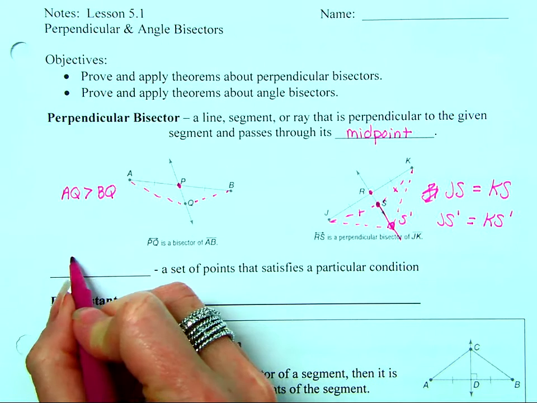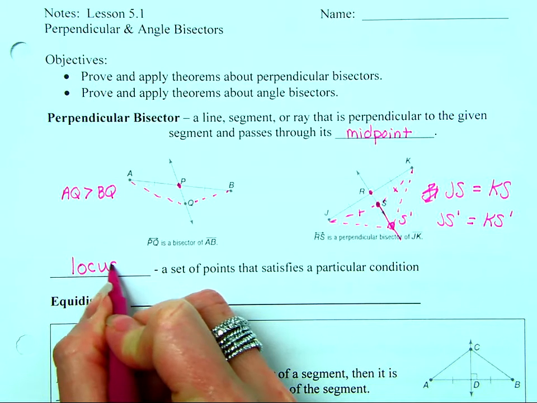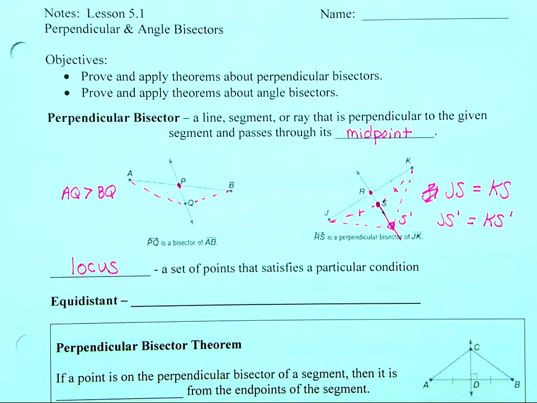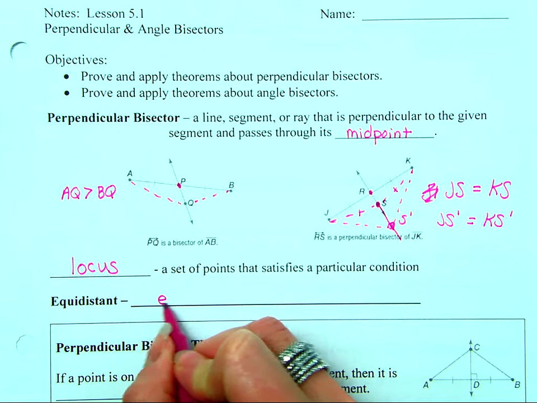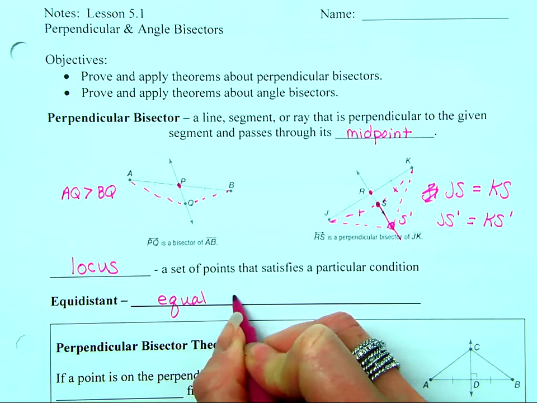That is actually called a locus. A locus is a set of points that satisfies a particular condition. Each of those points is equidistant to the endpoints. Equidistant meaning it is equal distance.